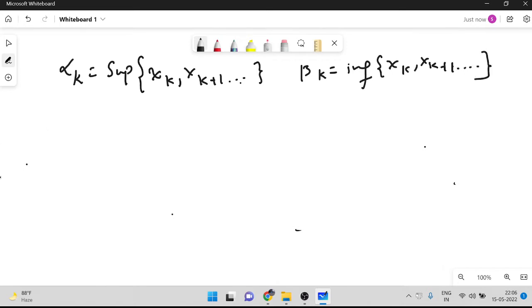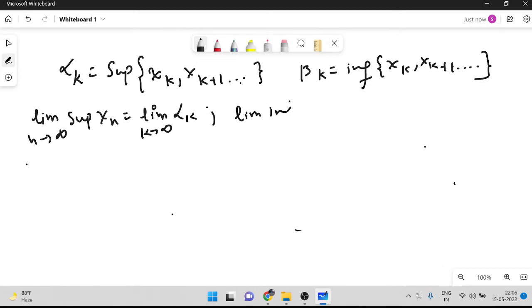So basically lim sup as n tends to infinity of xn is equal to limit k tends to infinity of alpha k, and lim inf as n tends to infinity of xn equals limit of beta k as k tends to infinity.